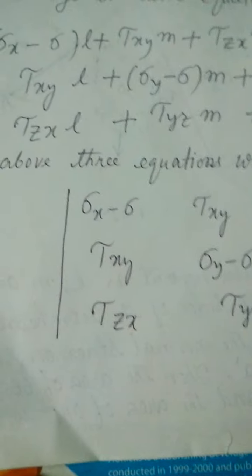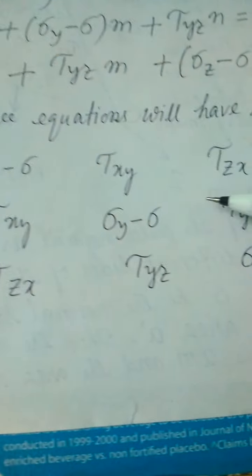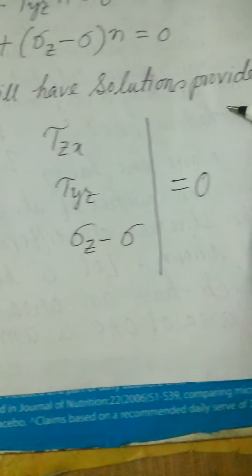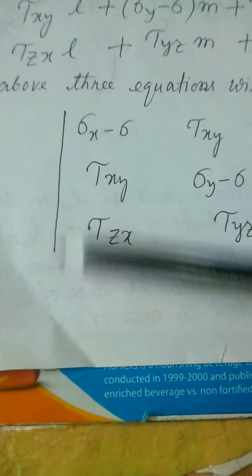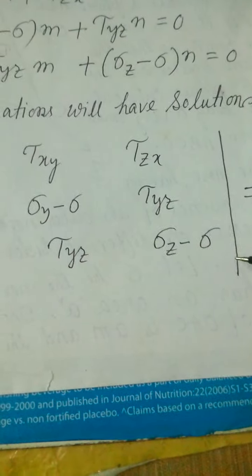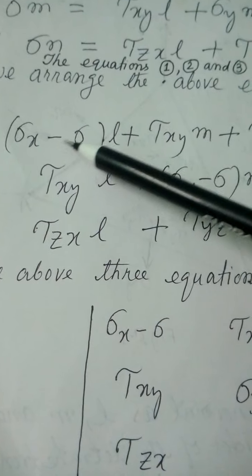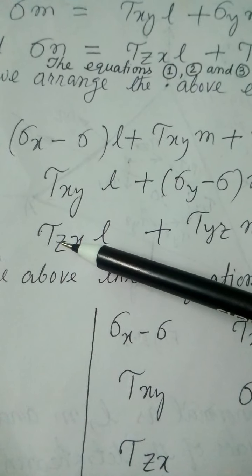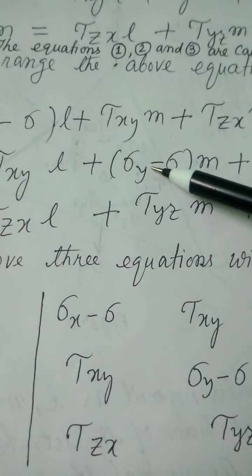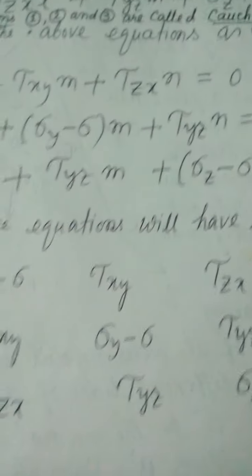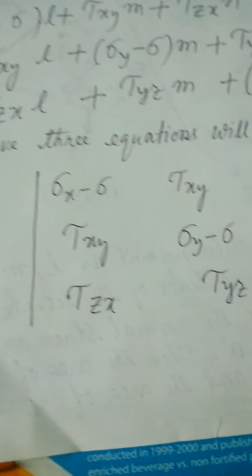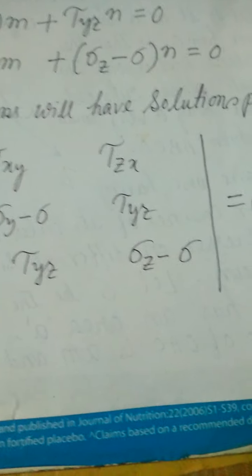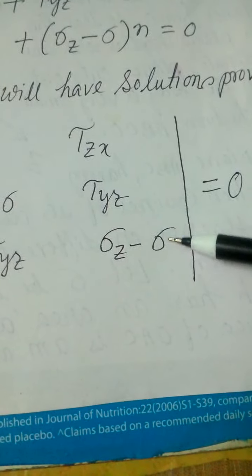So the above three equations will have solutions provided the determinant of that is equal to 0. What is the determinant? Sigma x minus sigma, tau xy in this first column, this is the second column, and this is the third column. Why are we doing this? This equation will give you the value of sigma.